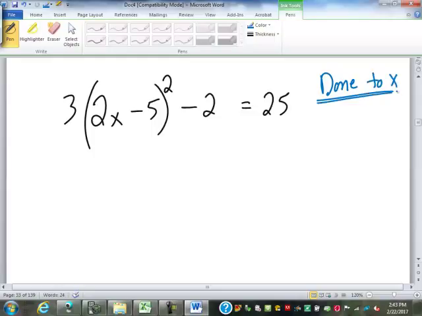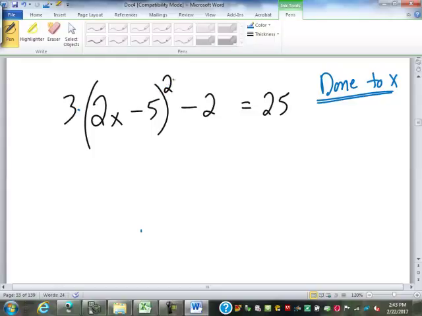There's been a lot of things done to x here. We see that parentheses, and we want to do something there first. But there's nothing that we can do inside those parentheses. 2x minus 5 cannot be combined. We want to do the times 3, but we can't because the parentheses has been squared.